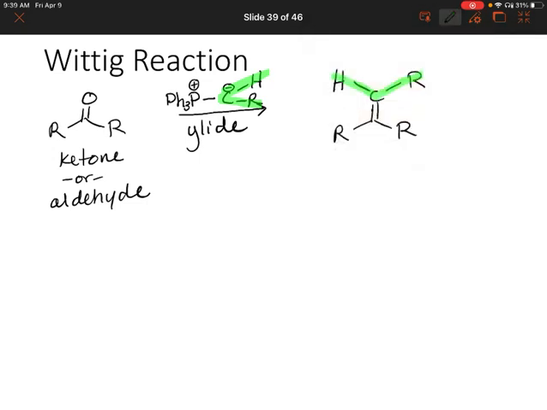So you end up with an alkene, and there's a very specific way that this reaction occurs. So what you typically end up with is a Z alkene. So the two highest priority groups on either side, they'll be facing in the same direction. So let's go over how to prepare that ylide.